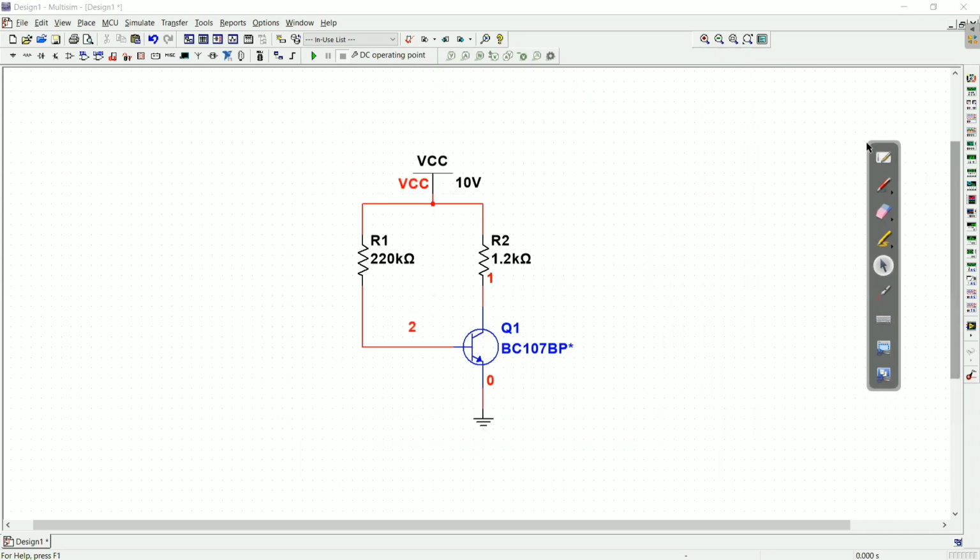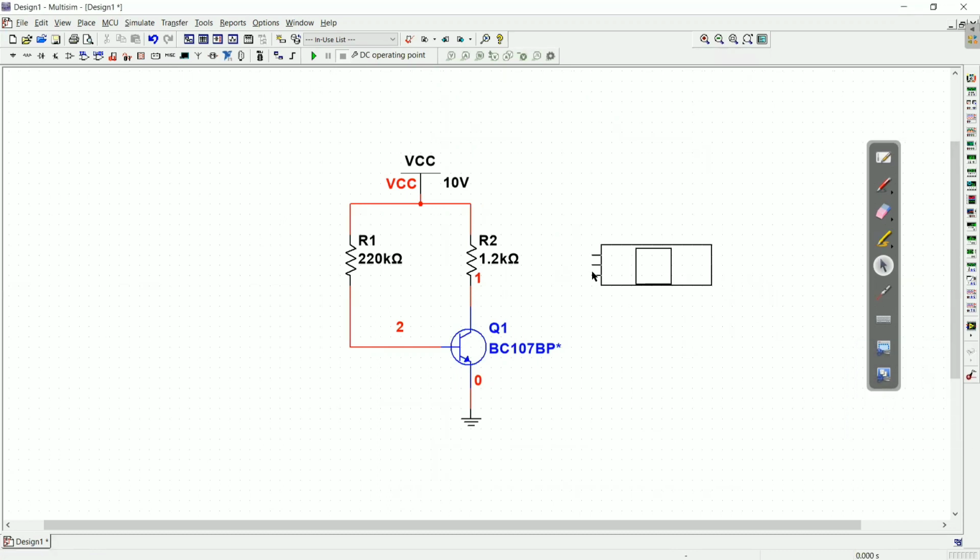Now let's add another thing, that is a BJT analyzer or an IV analyzer. I am using the BJT analyzer. We can get this BJT analyzer in the right corner. Here we have C, E, B, that is collector, emitter and base.